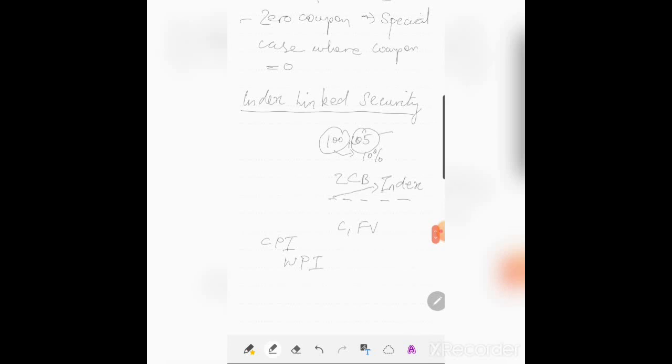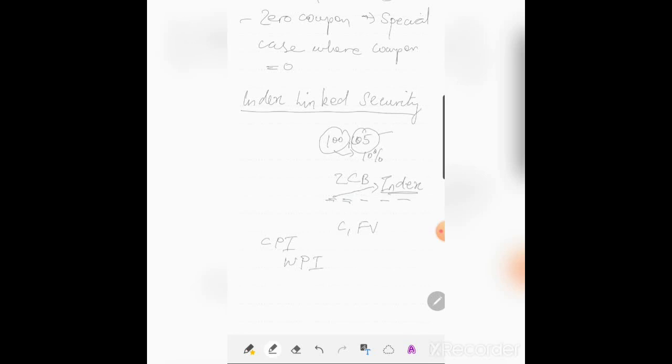They're all linked to this index. So if the inflation is high, the payments that are received will be higher. If the inflation is less, the payments that are received will be lesser.